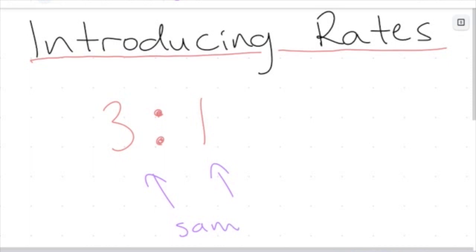So these are measured in the same units, but rates are another way to compare two things. However, rates compare quantities measured in different units. So ratios deal with the same units, rates deal with different units.